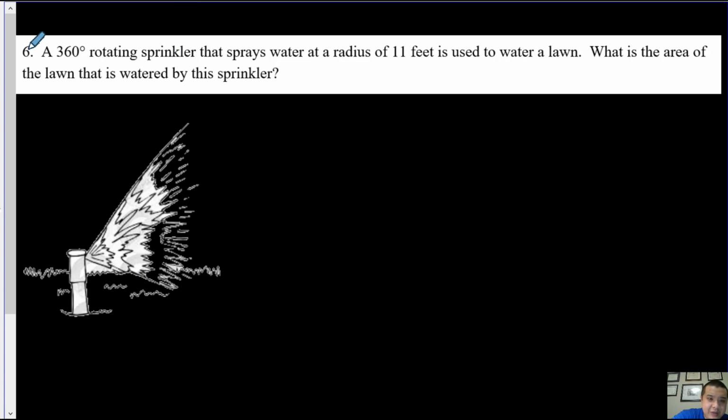Okay. Question number 6. A 360-degree rotating sprinkler that sprays water at a radius of 11 feet is used to water a lawn. What is the area that is sprayed by the sprinkler? Okay. So again, we're going to use apple pies R2.